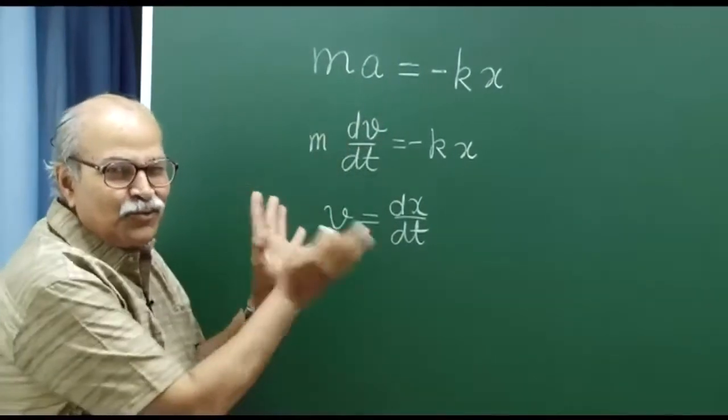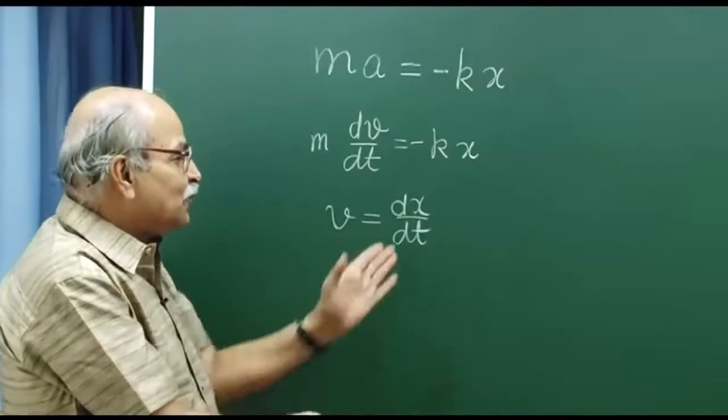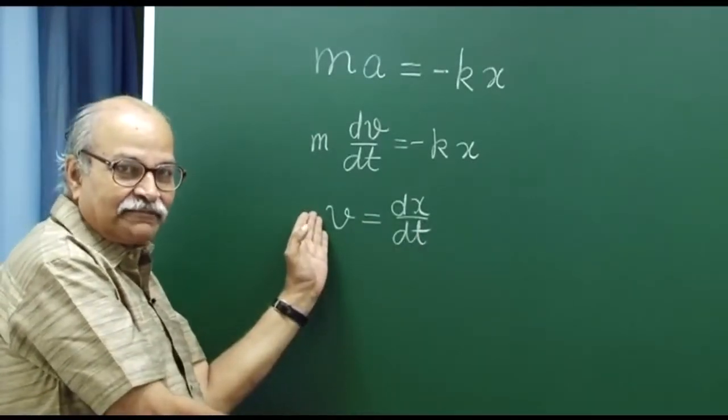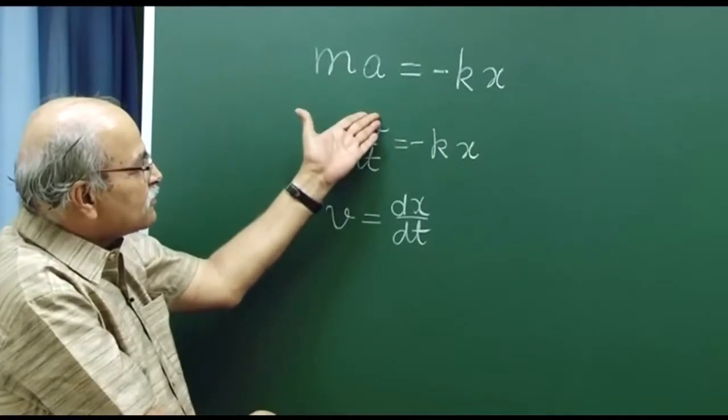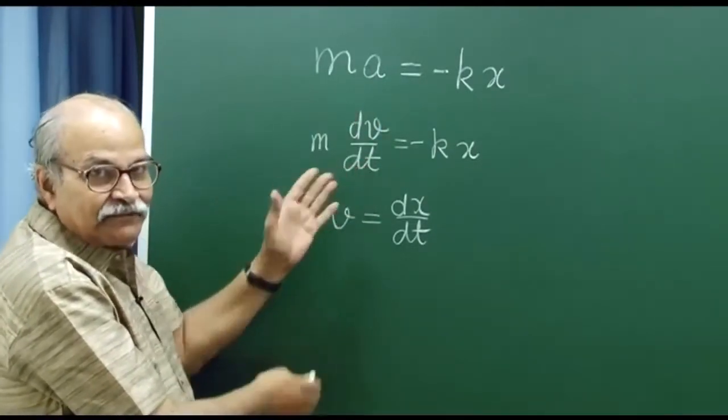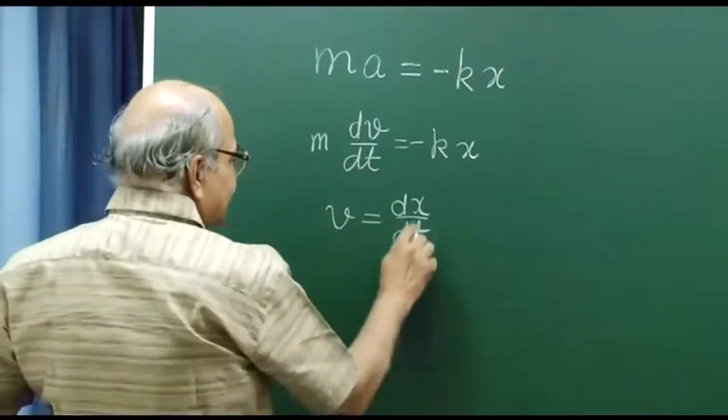So, these are some rules of calculus. If you know x as a function of time, you can get velocity as a function of time, and if you know velocity as a function of time, you can get the acceleration as a function of time. There are certain rules, but it is like this.